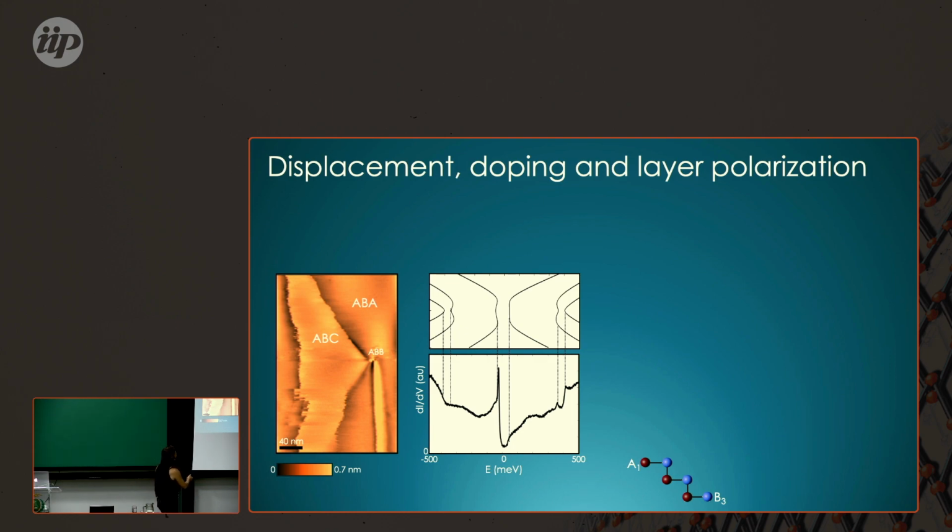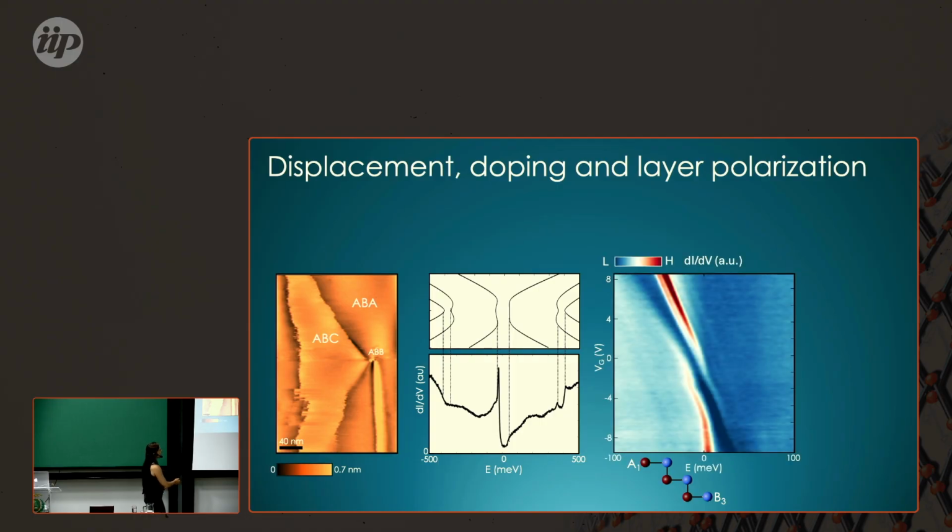This is the spectrum that we see under negative displacement field, and let's see how it changes as a function of displacement field. So here you see the dI/dV, and how it changes as a function of displacement field. The displacement field has several effects. It opens a gap, and this gap increases as a function of displacement field. It also flattens the bands, and that's why the Van Hove singularity becomes sharper and sharper.